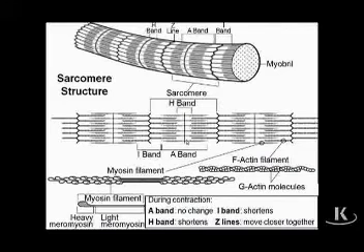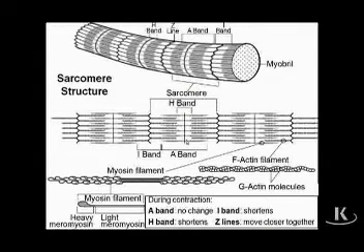Note that when the sarcomere shortens during contraction, the length of the A-band will not change because it simply corresponds to the length of the myosin filaments, but the I-band and the H-band will shorten because the sarcomeres will decrease their length, and obviously it'll move the myosin filaments closer to the Z line on either side, shortening the I-band.